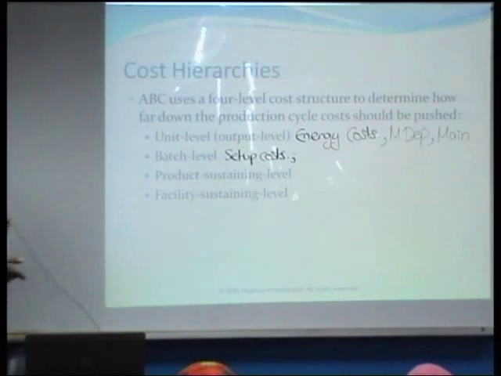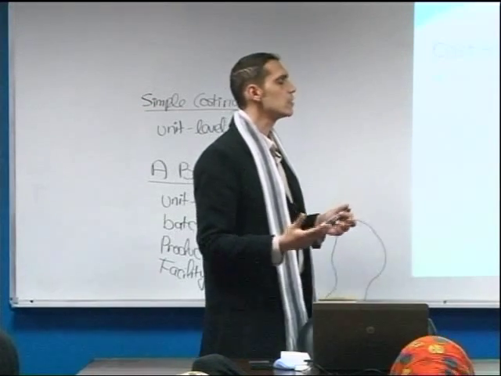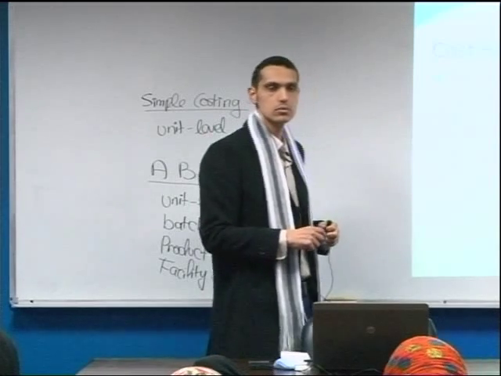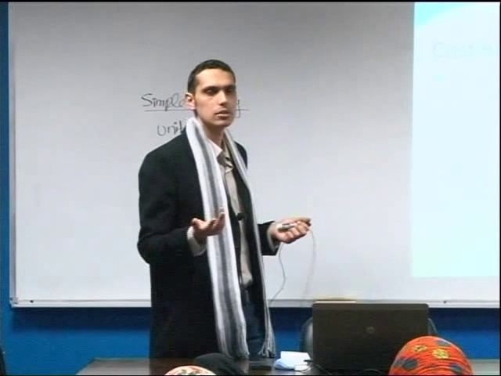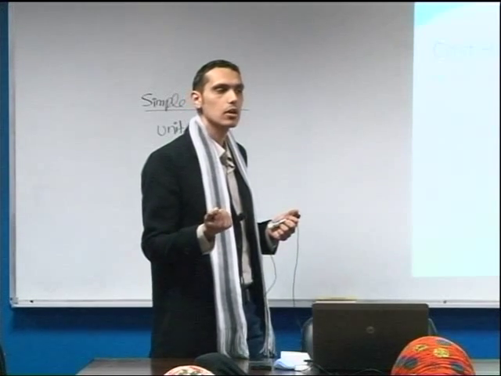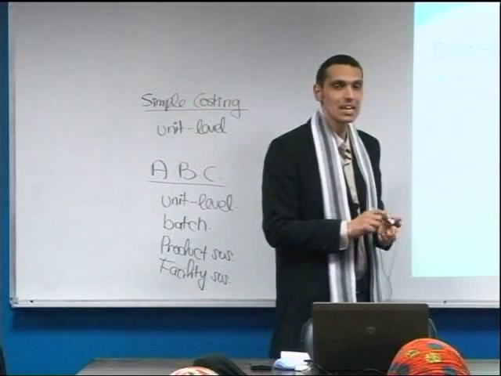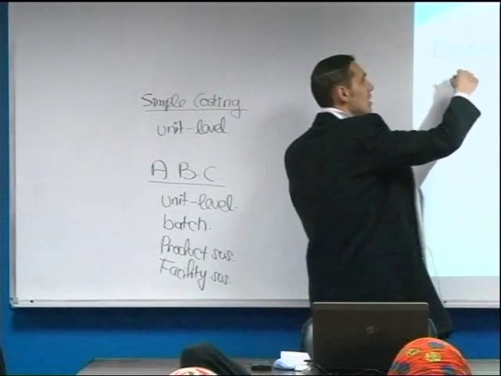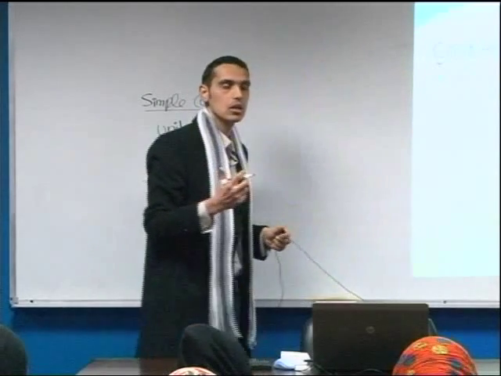What else? What other examples could be a batch level cost? Number of hours. Number of hours of what? Setup hours. Of course, the cost hierarchy, from its name, is about the classifications of costs, not the allocation basis.